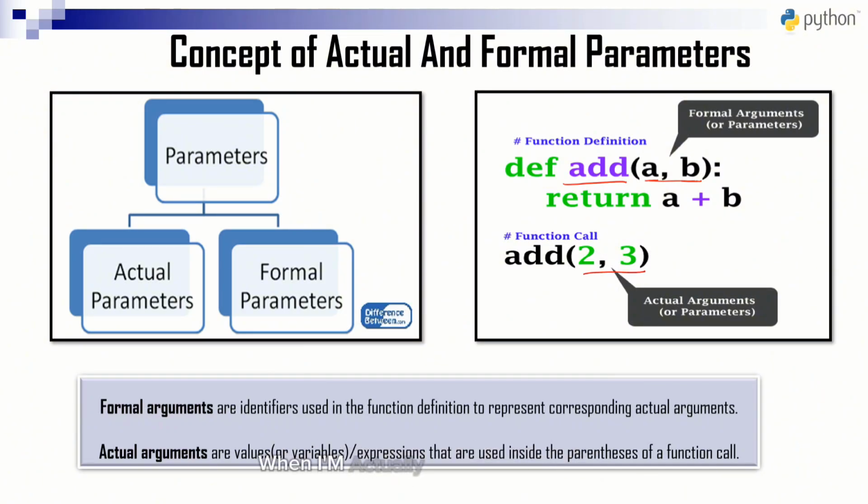When I am actually passing the values while calling a function, that is nothing but actual arguments, or you can say parameters. So formal parameters are used in function definition. Actual arguments or parameters are used in function call. As the name indicates, actual arguments, so while calling a function, I am giving actual values.